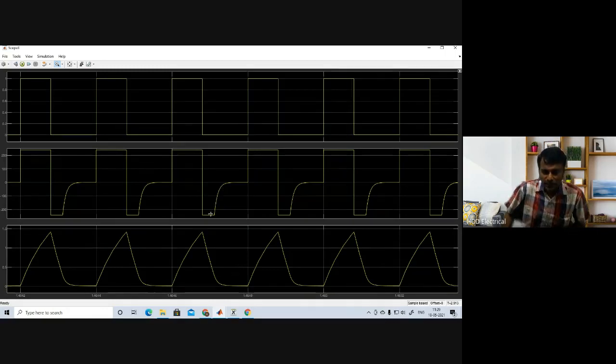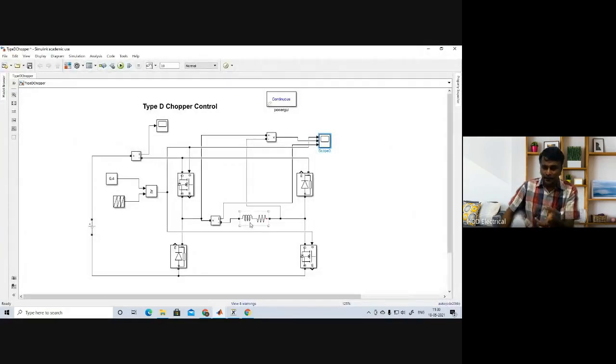Sometimes this voltage is a little more increased, but however, considering the polarity of the inductor voltage, the average output voltage will be negative as per our theoretical assumption. Moreover, for the stored energy in the inductor, this side will be positive and the left side will be negative, therefore automatically the voltage will be negative.